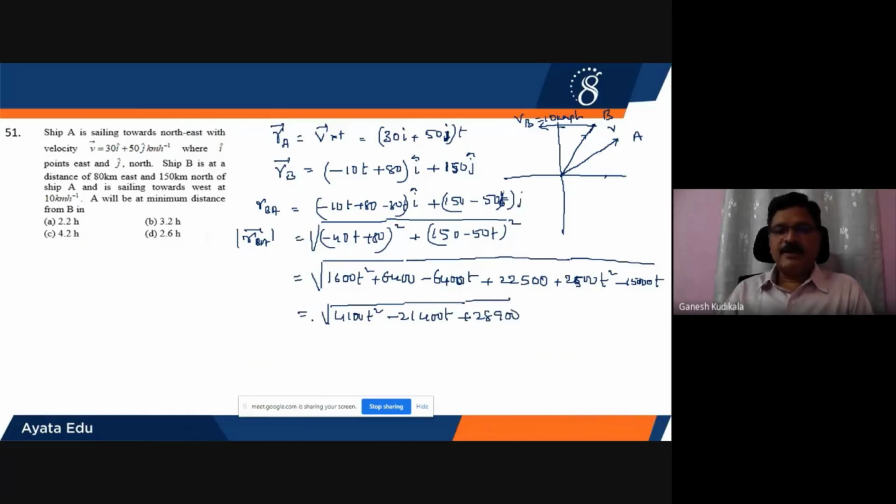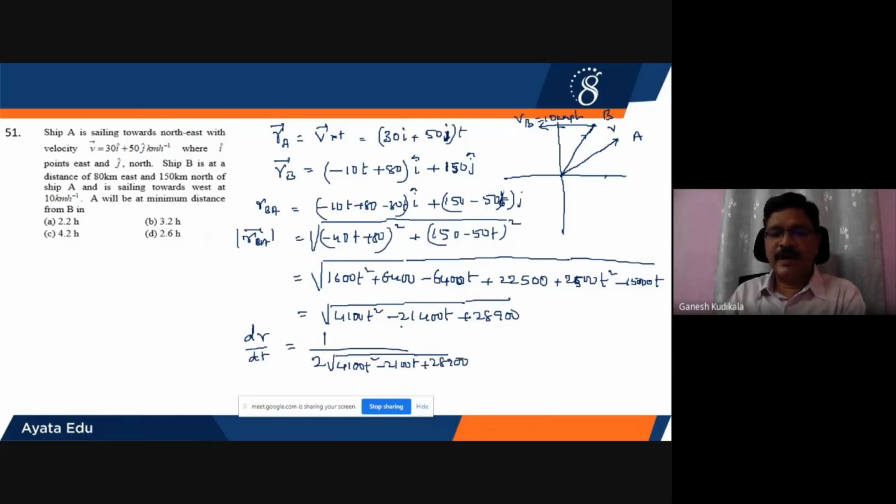Therefore, since I got the magnitude, now I have to find the minimum distance. So for minimum distance, I have to find dr by dt. When I'm finding dr by dt, the power is half, so it will become 1 by 2, and I'm going to get 1 by 2 into under root of the whole term 4100 t square minus 21,400 t plus 28,900.